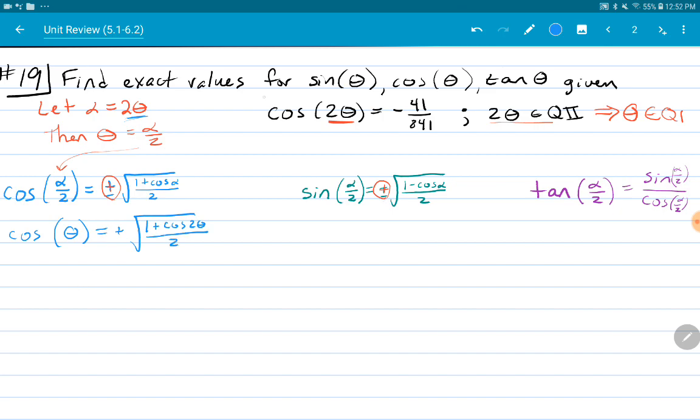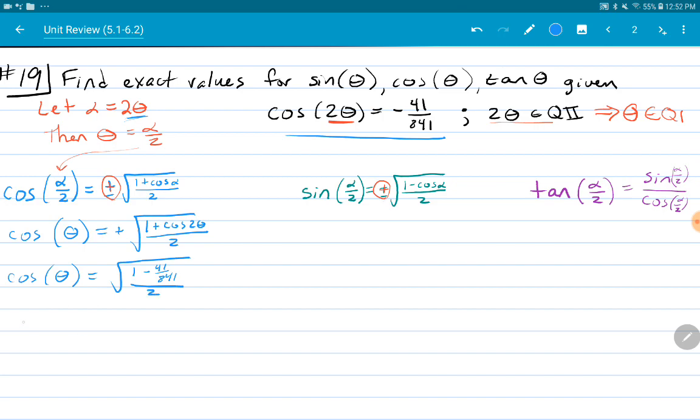And I have cosine of 2 theta right here, so I'll fill that in. One plus a negative, so I'll just write minus 41 over 841, all over 2.